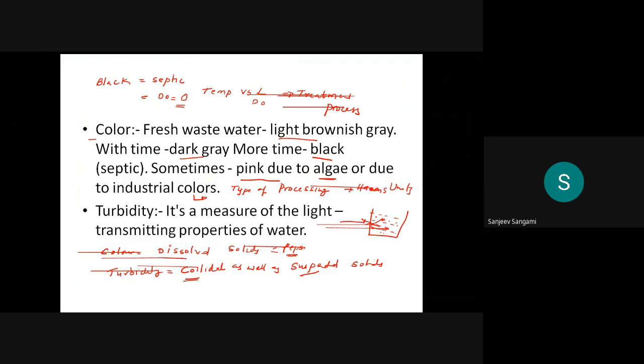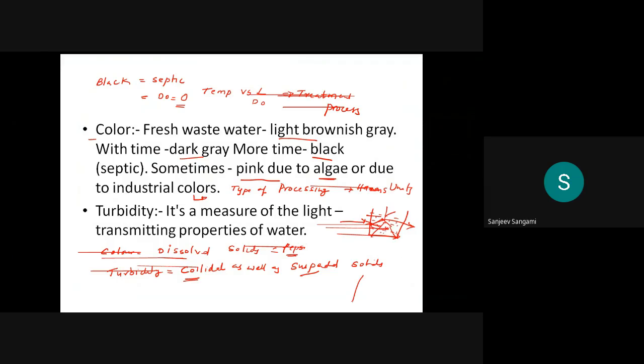When the light hits these particles, it will suddenly reflect like this, or sometimes come like this. So some of the light will be transmitted in the other direction, and some will come back. This only happens in turbidity, but in color it does not happen.